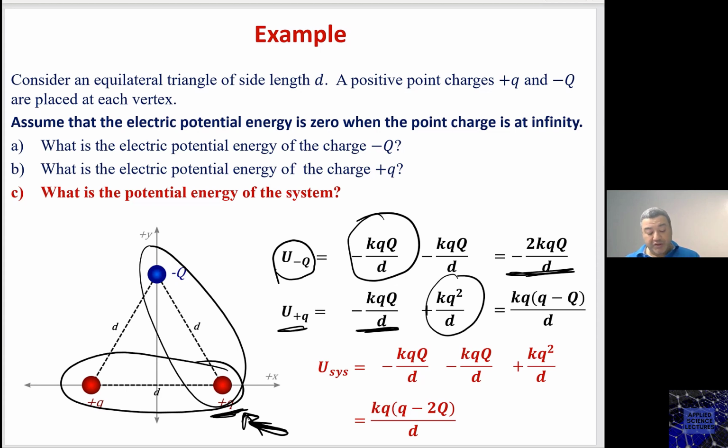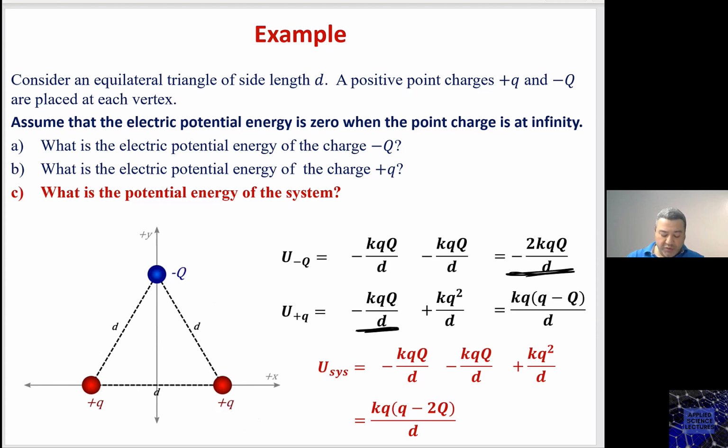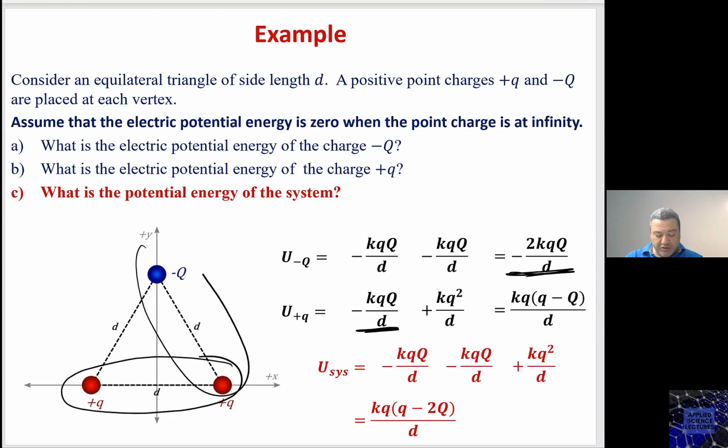Now, what is the potential energy of the system? It's different. For the system, we have to take the pairs once. So how many pairs do we have? I have one, two, three pairs.